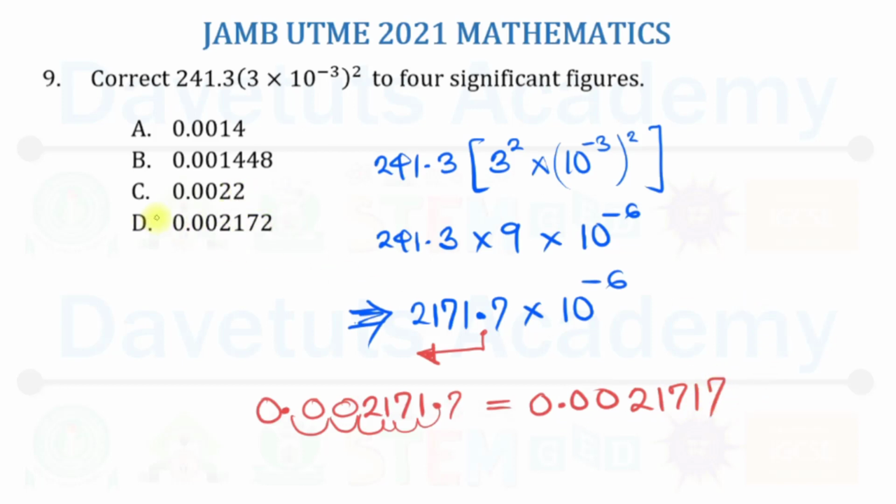But do I have something like that in the options? No. The closest is these two options. But look at what we are being asked to figure out. We are asked to figure it out in 4 significant figures. So the question is, how do we count our 4 significant figures when we have decimal place like this? Because the zeros here are coming after the decimal point, then they are going to be significant. So we have 1, 2, 3, and 4.